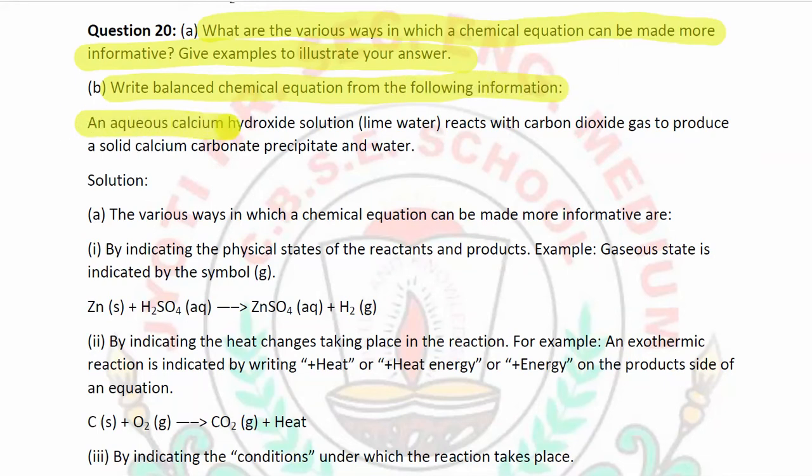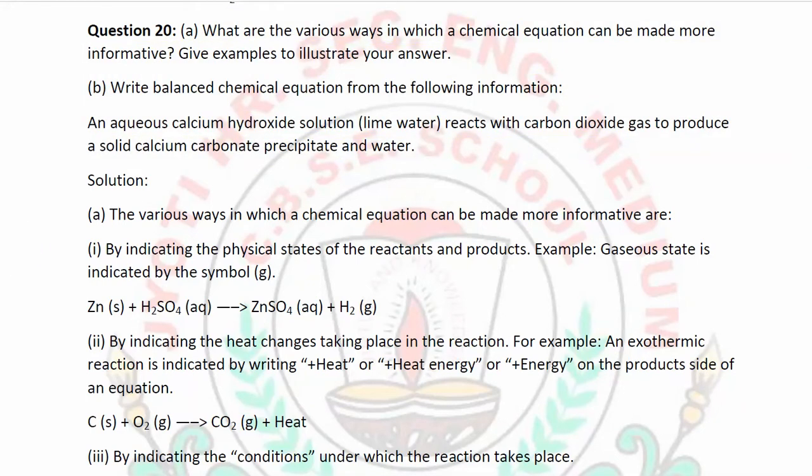An aqueous calcium hydroxide solution, that is lime water, is reacted with carbon dioxide gas to produce a solid calcium carbonate precipitate and water. So the question is asking what are the various ways to make a chemical equation more informative.